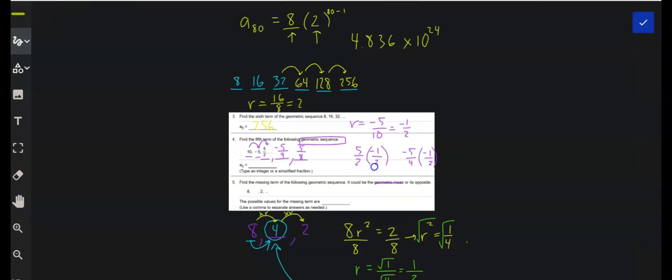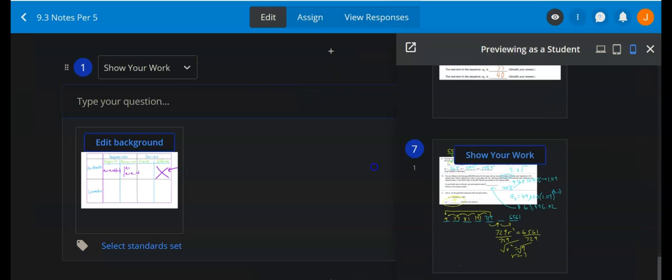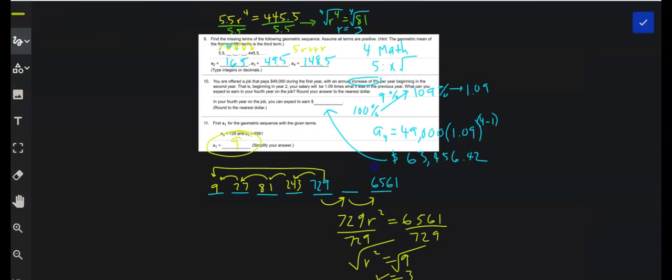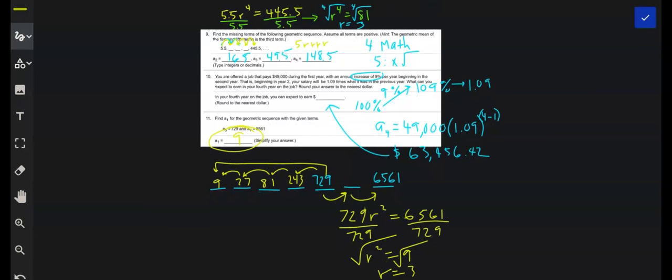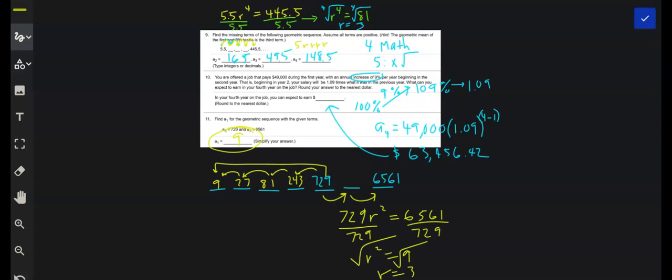Are you talking about page 3, this one? Oh, okay, gotcha. You're taking a square root of 9 and it gives you 9?